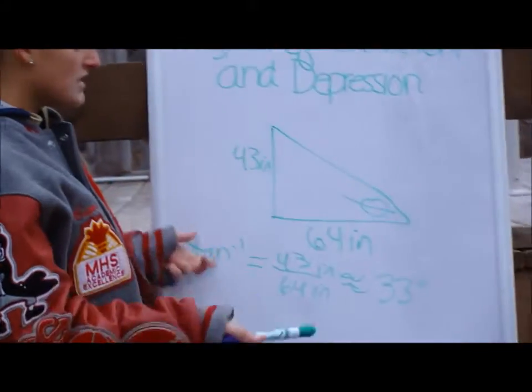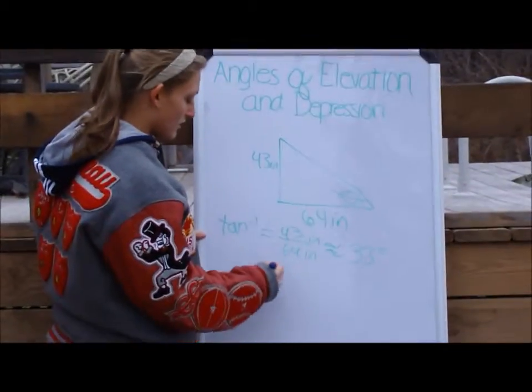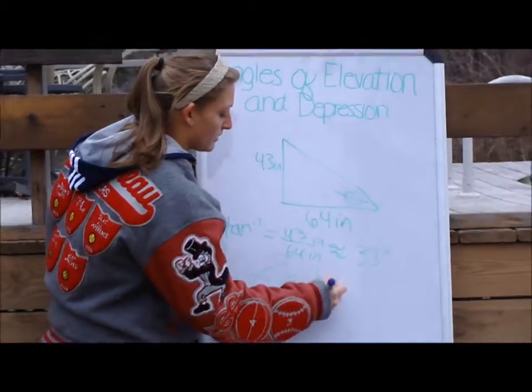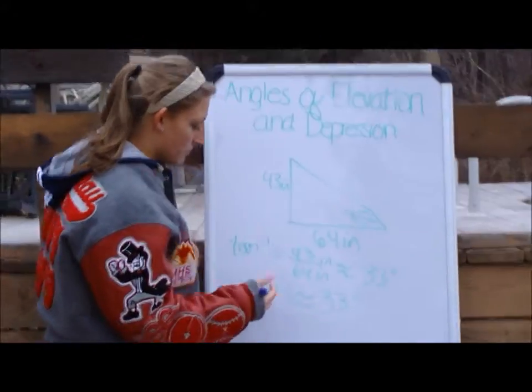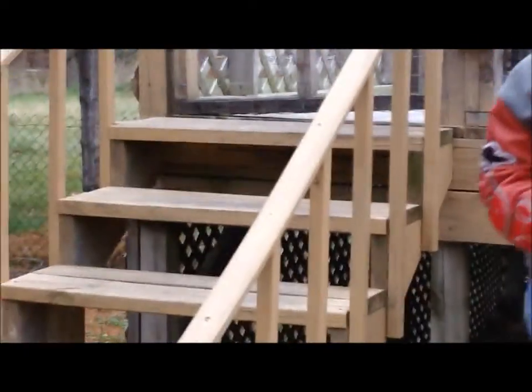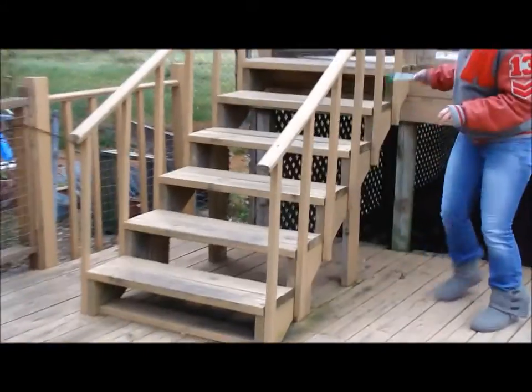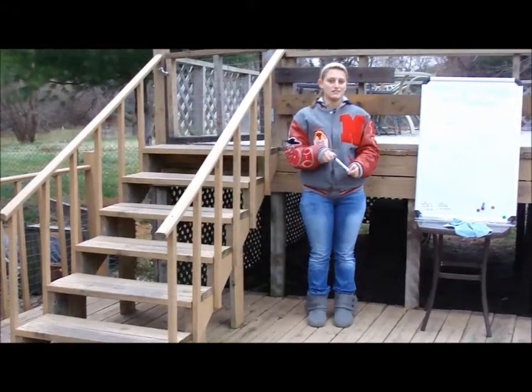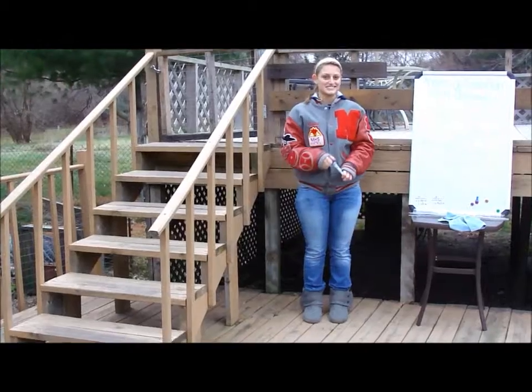So in this case, theta is approximately 33 degrees, which equals our angle of elevation. So our angle of elevation from the ground up is 33 degrees. And that's how you find your angle of elevation using tangent.